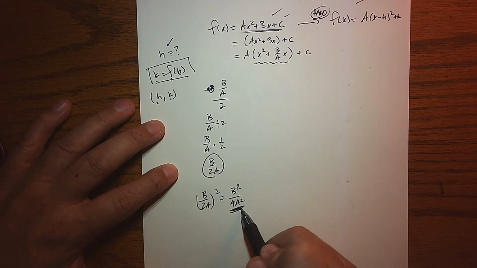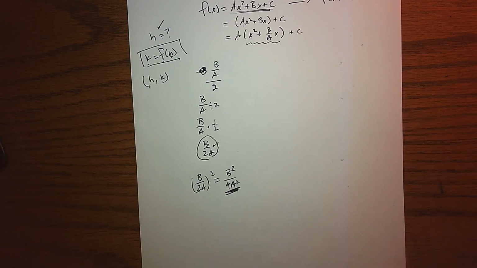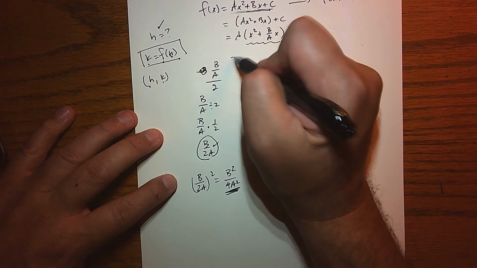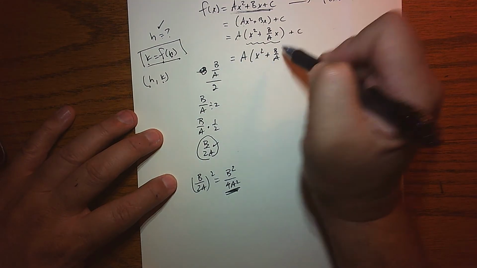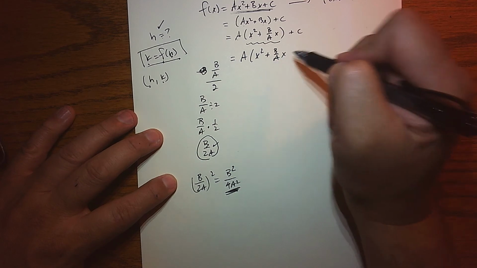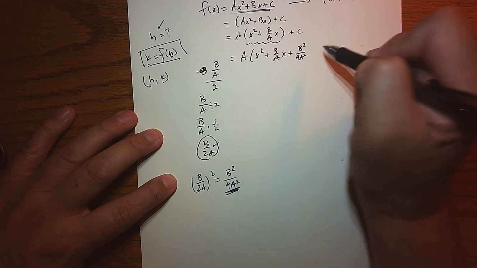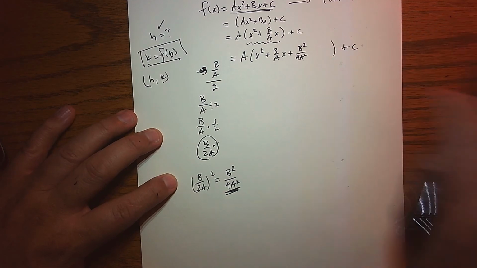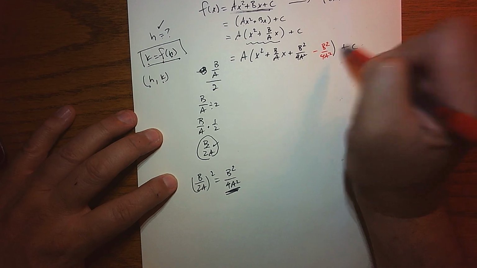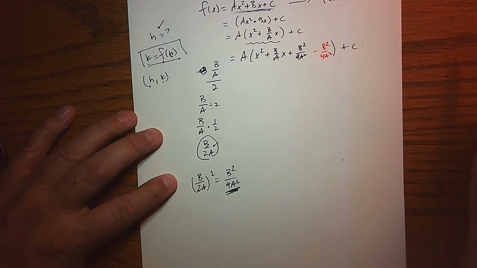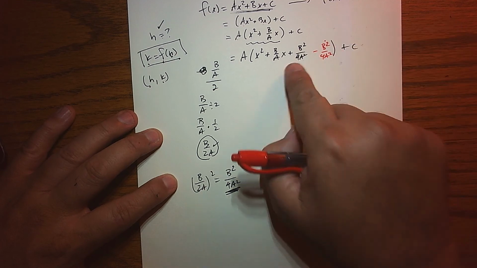So here's the piece that we need to add, and here's the piece that's going to help us factor. So we get a times x squared plus b over a x plus b squared over 4a squared, and then we're going to subtract b squared over 4a squared. Okay, so as we've seen, this piece right here was there to balance off this addition.